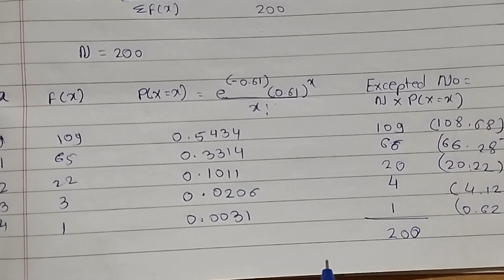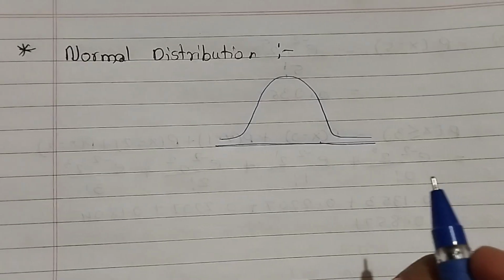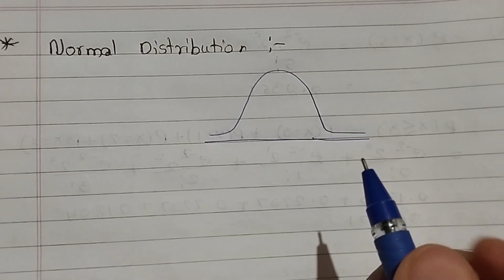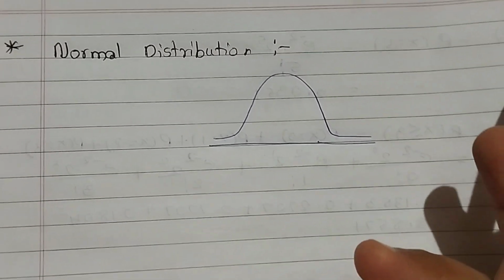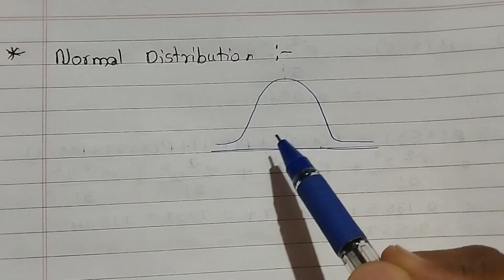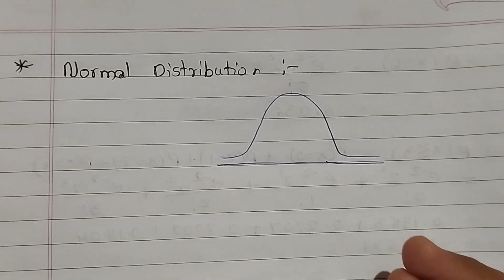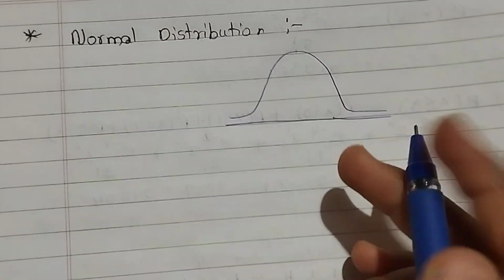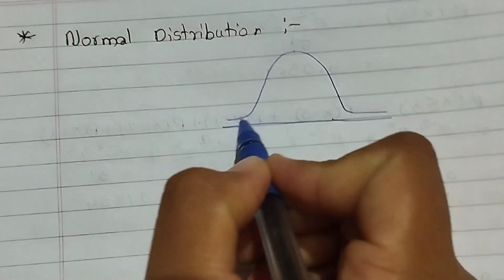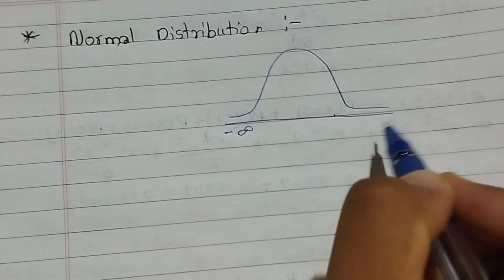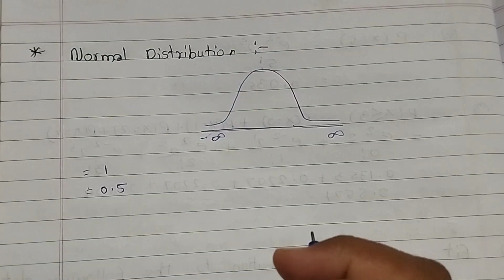Now we move on to the normal distribution. The normal distribution is the distribution of the continuous random variable x, which is distributed in a bell-shaped curve. The range of this curve is from minus infinity to plus infinity.